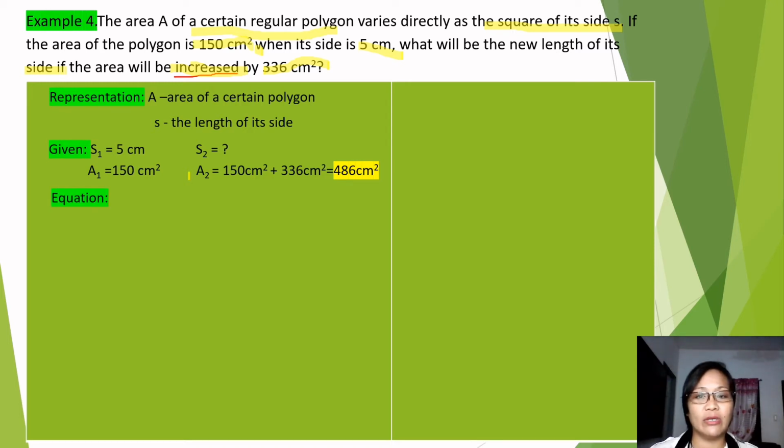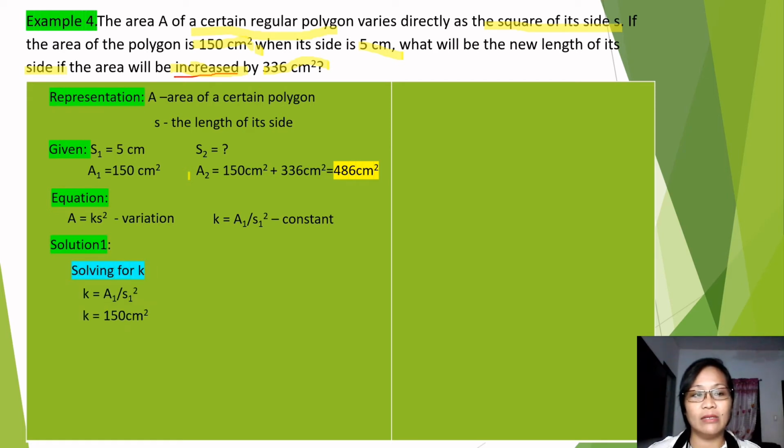For our equation, for our variation, we have A is equal to KS squared. And for our constant, K is equal to A sub 1 over S sub 1 squared. Solving for K, substitute. For A sub 1, we have 150 centimeters squared all over S sub 1, which is 5 centimeters, squared.